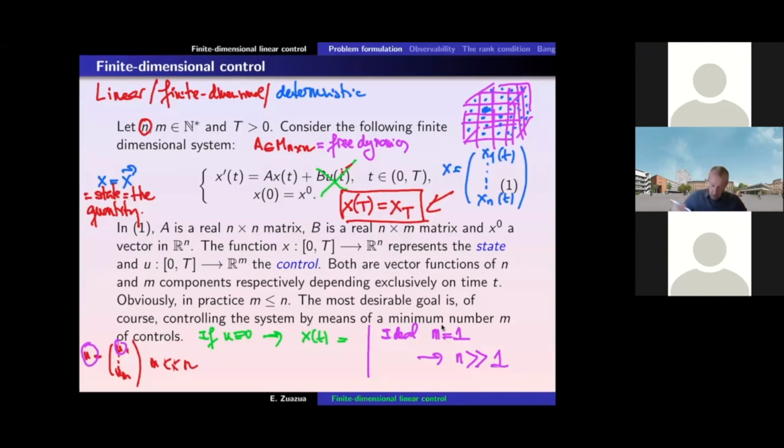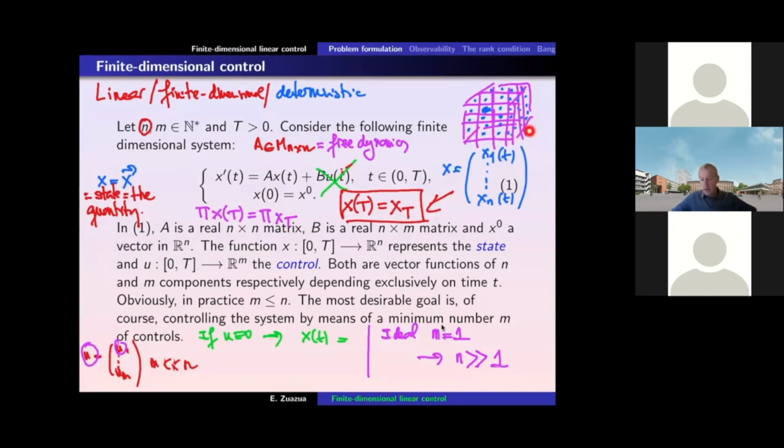You could say, well, today, for instance, I'm not interested in controlling the full state. I'm just interested in controlling some projections, right? It could be that on weekends, people only use the first floor. There are fewer workers during the weekend, so people are just occupying the first floor of the building.